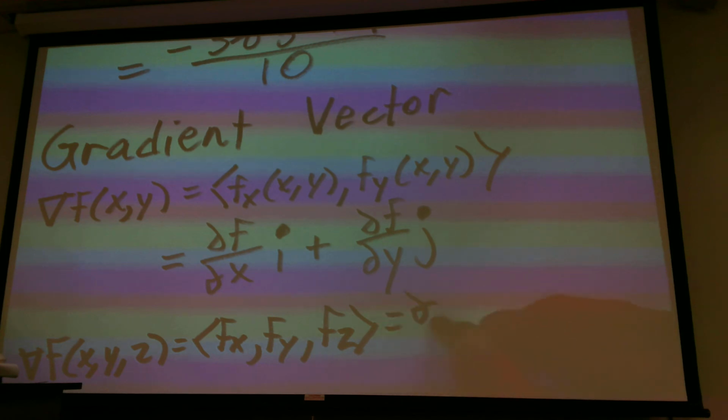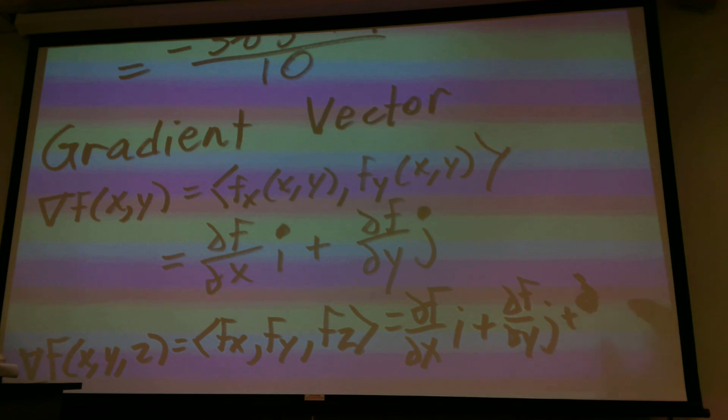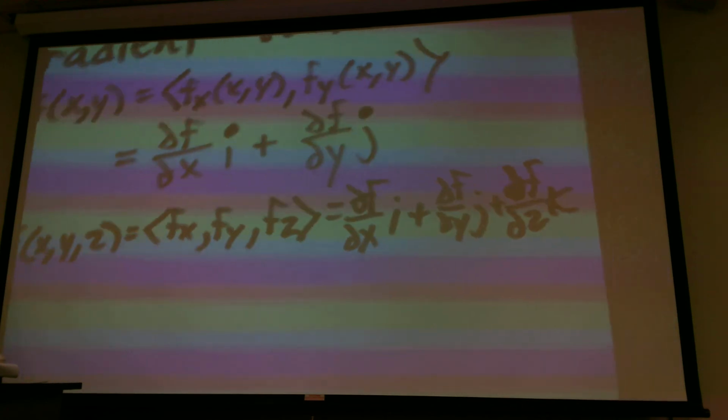And so that would be the partial derivative of f with respect to x times i, plus the partial derivative with respect to y times j, and the partial derivative of f with respect to z times k.